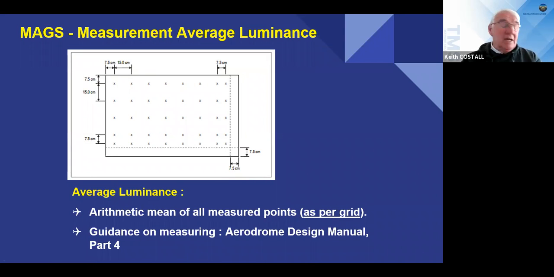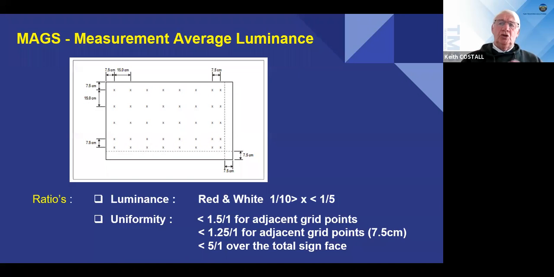The guidance sign has its own isocandela requirement and a grid system, but there are specific places on that fascia where we measure the luminance, and we add them all together in an arithmetic way and divide by the number of points as shown in that grid system. It is defined in the Aerodrome Design Manual Part 4 how we do that. So that's the average luminance across the screen.